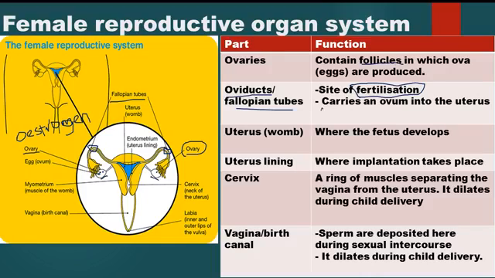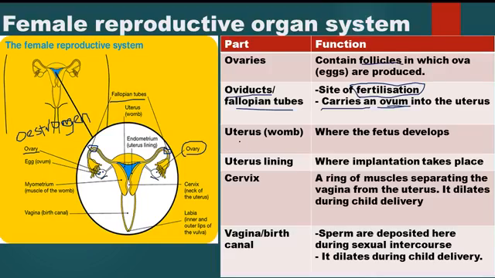When fertilization takes place, it carries the zygote down into the uterus. But if fertilization fails, it carries an ovum into the uterus. But the main function is the site of fertilization.